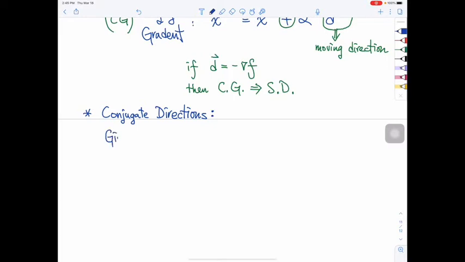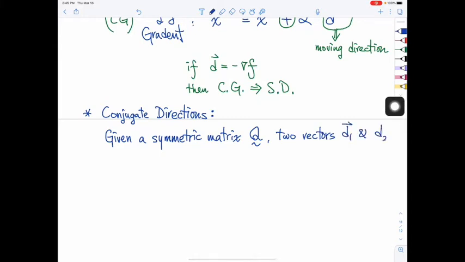So given a symmetric matrix Q, I'm sorry, and two vectors D1 and D2. Okay?